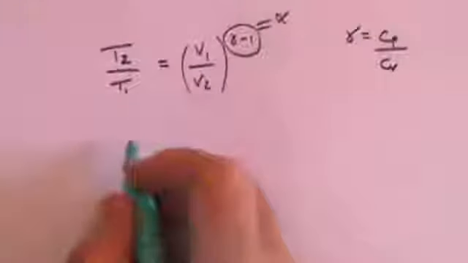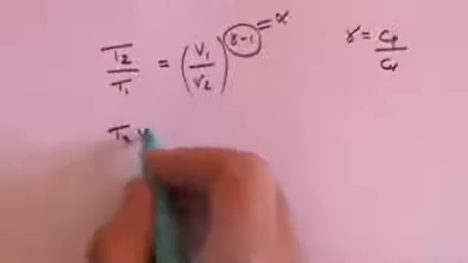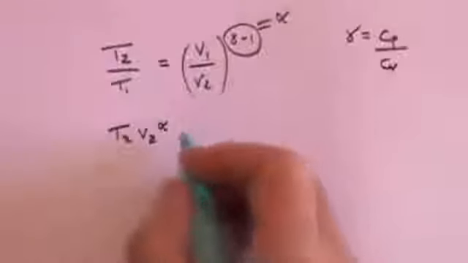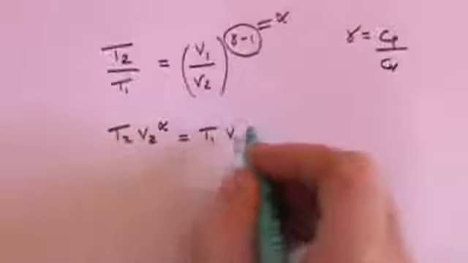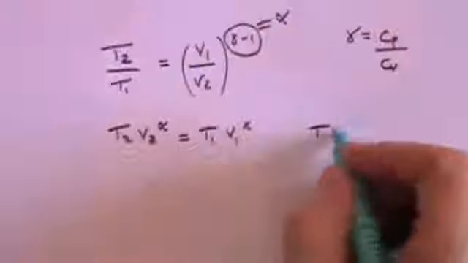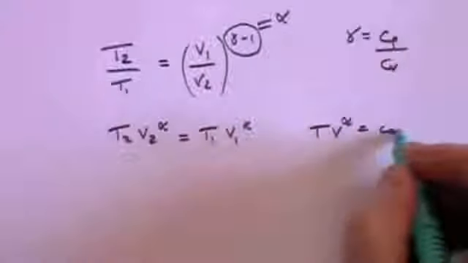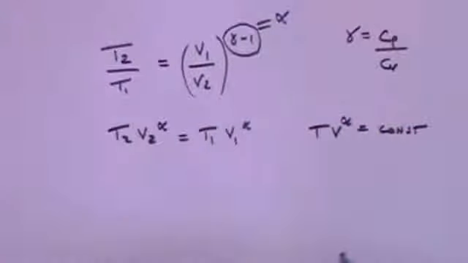And so multiplying out, you get that T2 V2 to the alpha is equal to T1 V1 to the alpha, which means that TV to the alpha is a constant. And that's for, remember, the adiabatic change from B to C and from D to A in the Carnot cycle.